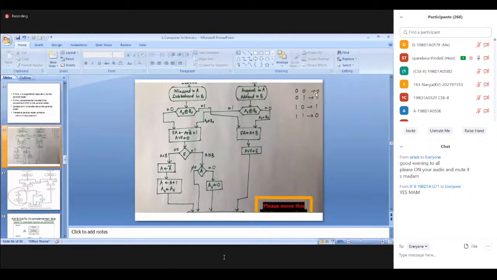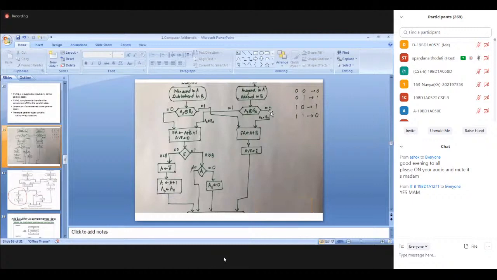The output of XOR operation is 0, means the input can be either 0, 0 or 1, 1. That means the sign of the two numbers is same. If the sign of the two numbers is same, then the XOR operation result is 0.